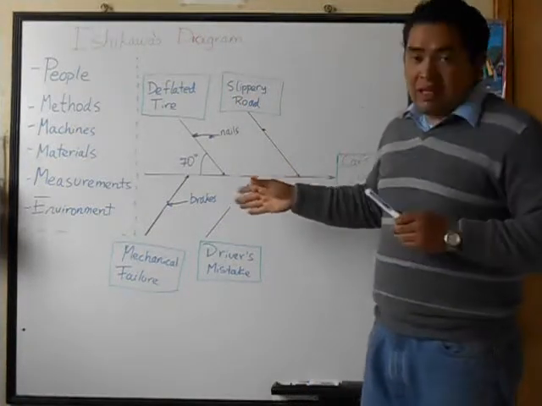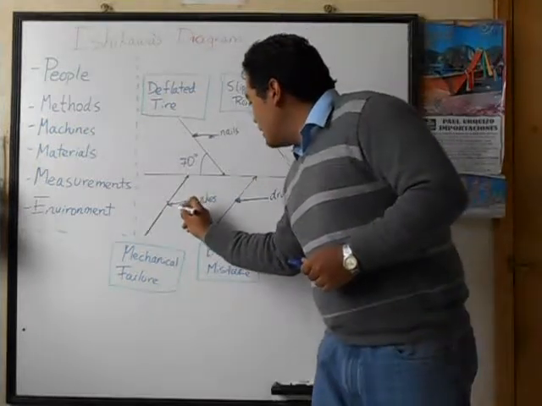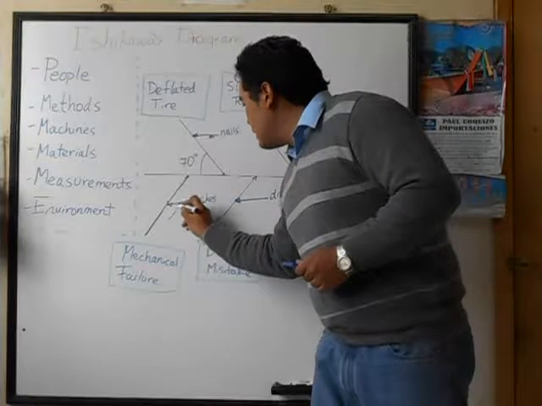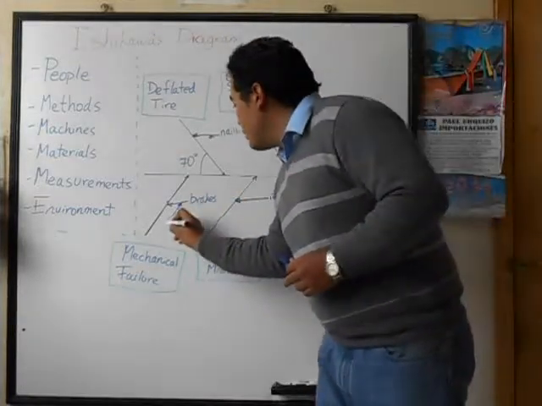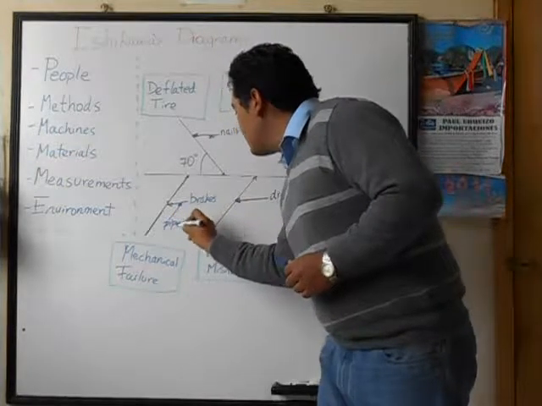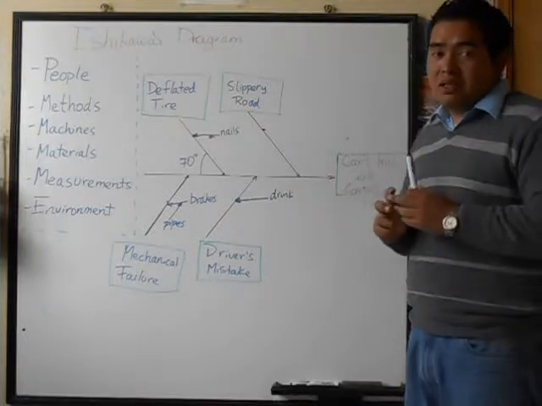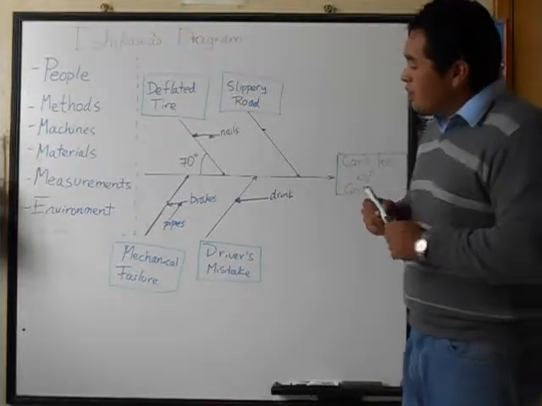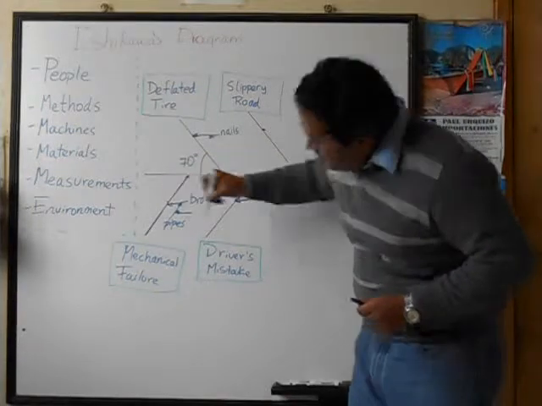And maybe the failure was produced because of a rupture in the pipes containing the liquid. Then we write here pipes. And then this rupture, the pipes were broken because they are of bad quality. The material is bad.